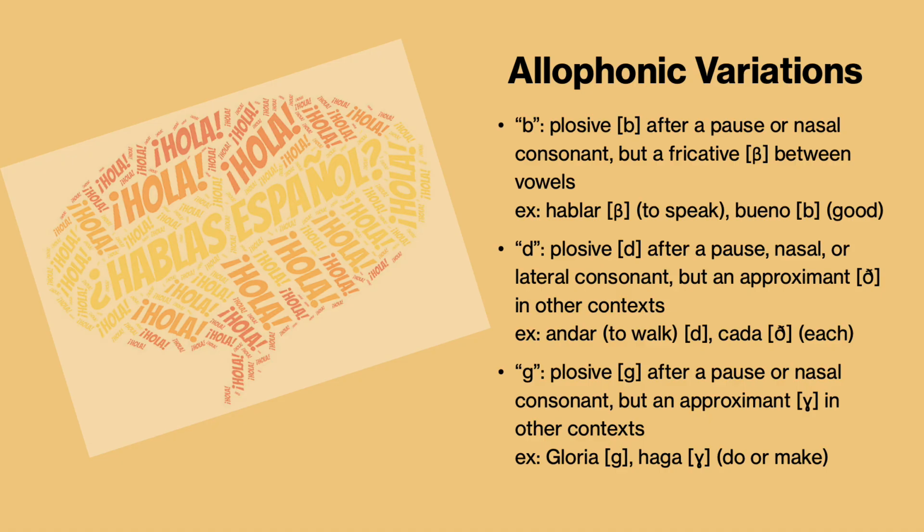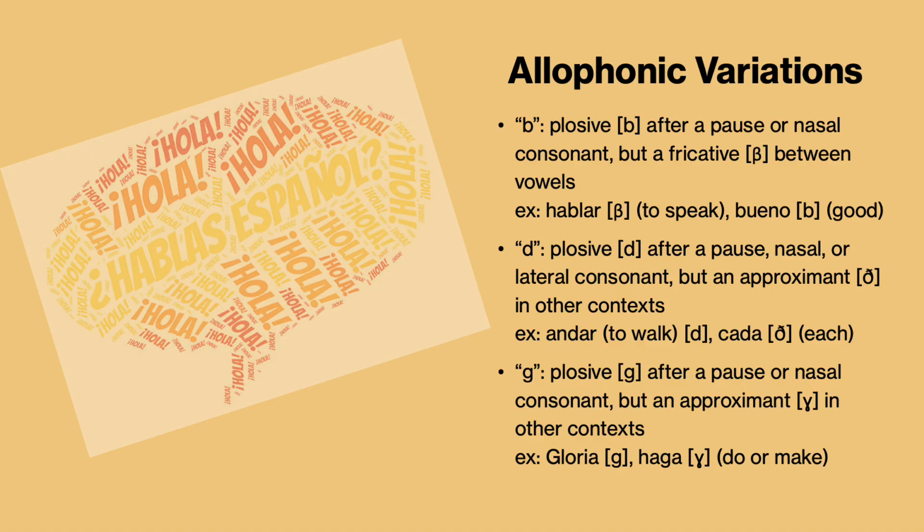And then we see it for the da sound. An explosive da would be andar, that's a sharp sound. And then the approximant is going to be cada, which means each, but it's softer, that sound. And then the last one is going to be the ga. For this one, the first one has that plosive, the pause after the nasal consonant, and then the second one is going to be the approximant.